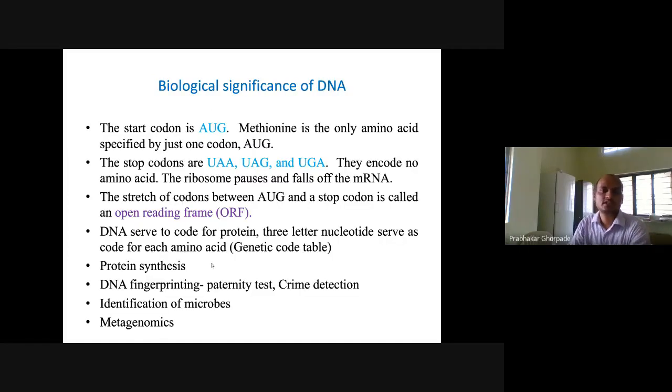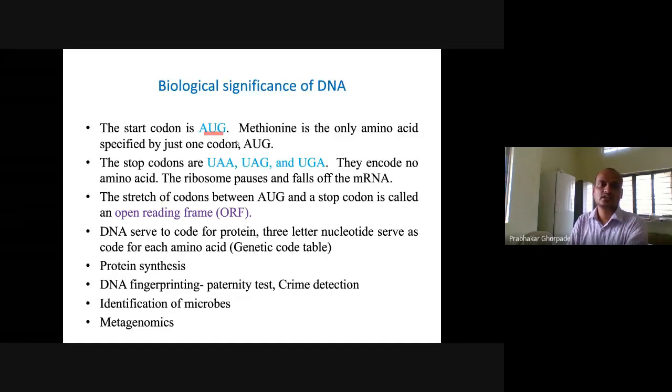Now, the biological significance of DNA. The start codon is AUG. Methionine is the only amino acid specified by just one codon, AUG. Whenever we say DNA, DNA ultimately has to code for the RNA, and RNA will be coding for the protein. So when we transcribe our DNA into RNA, we have, for example, this sequence of codons: AUG, AUG, GGG, CCC.